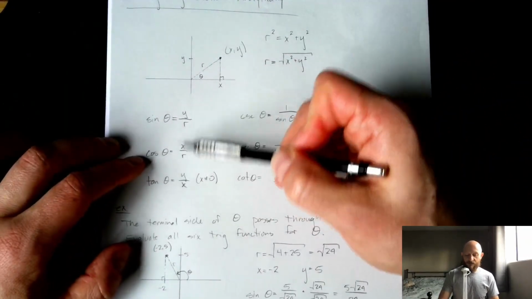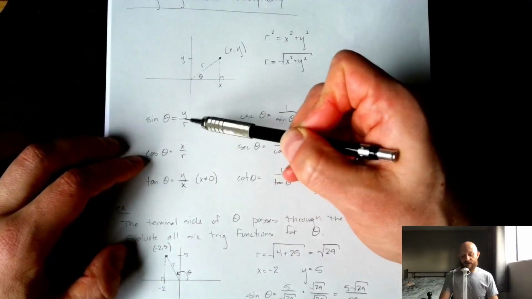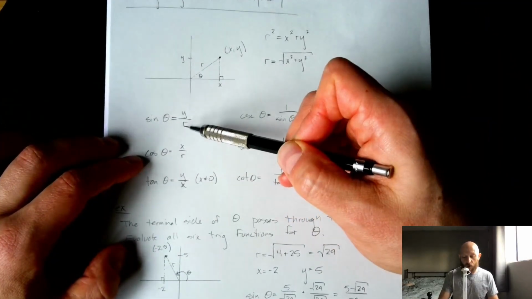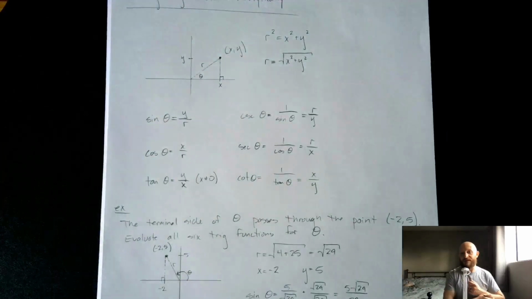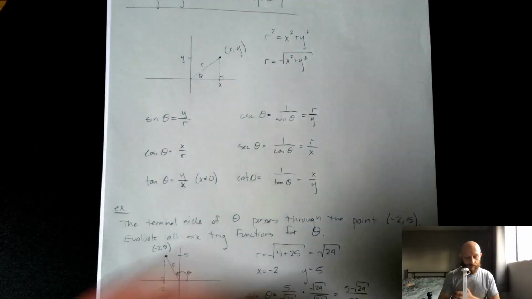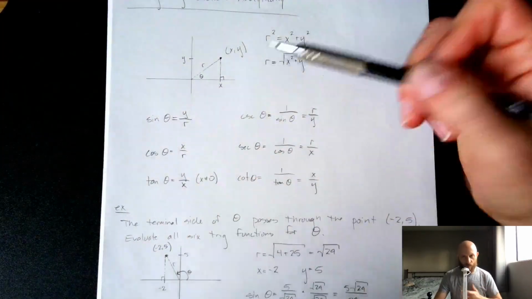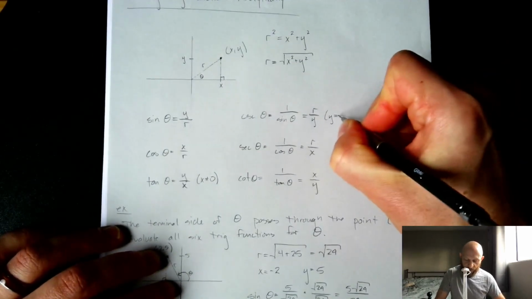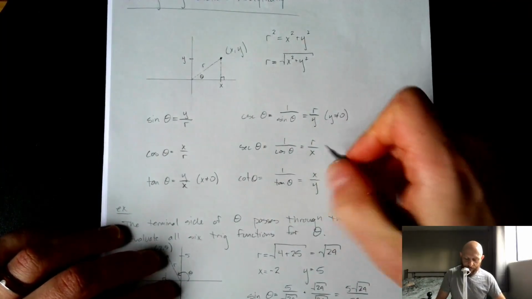We don't have to worry about it with sine and cosine, because if x or y is 0, the whole thing cancels out, and r won't be 0, assuming that either x or y is non-zero, then r is going to be non-zero. So those ones you don't need to worry about, but in these other ones, we have to worry about a 0 in the denominator.